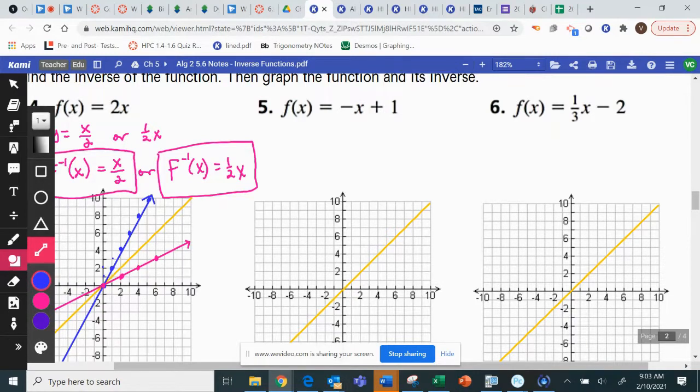Sometimes these are really easy to find the inverse operation if you just think about what you're doing, and you don't have to do it this way. I feel like I'm not as good at what I'm about to do.